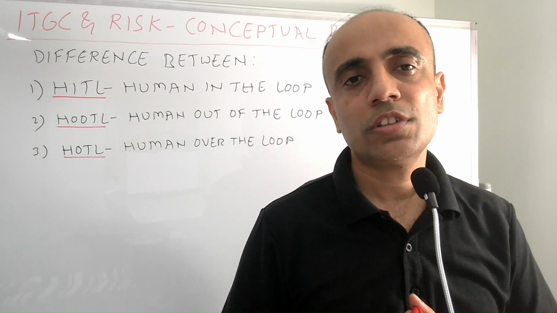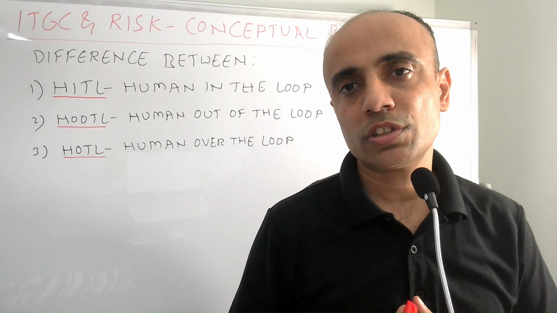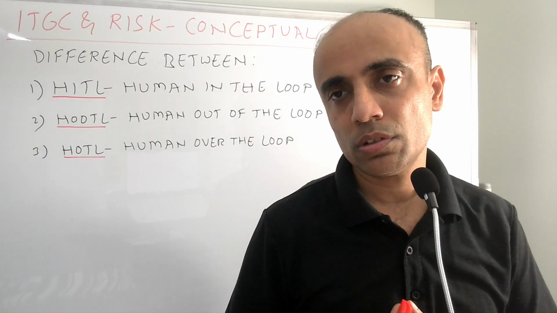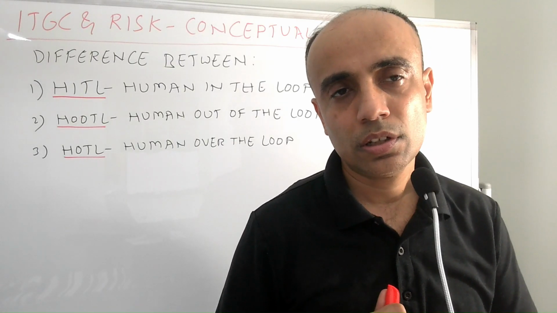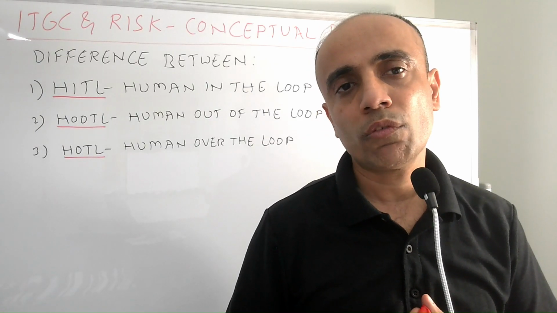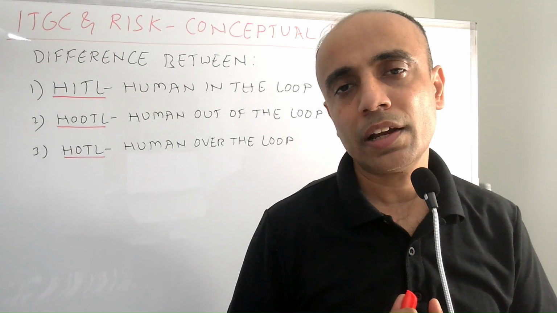Friends, as part of the Conceptual Bytes series, today we'll cover an important concept which you must have heard a lot these days around artificial intelligence, and it's related to the levels of human involvement in automated systems in AI and robotics.